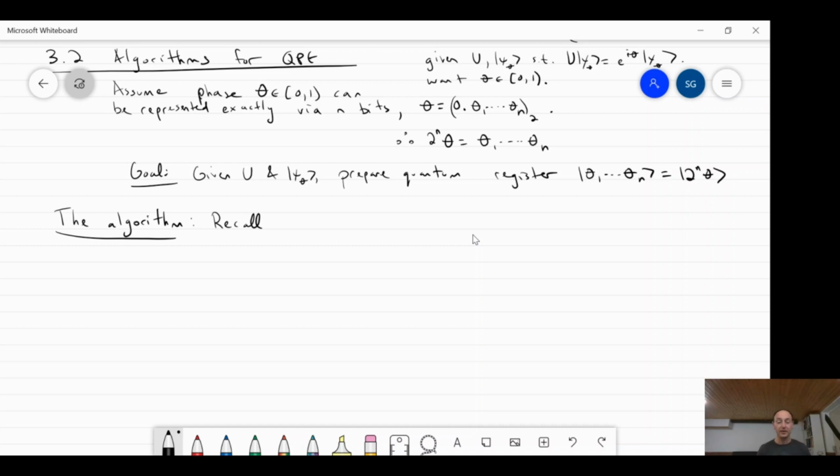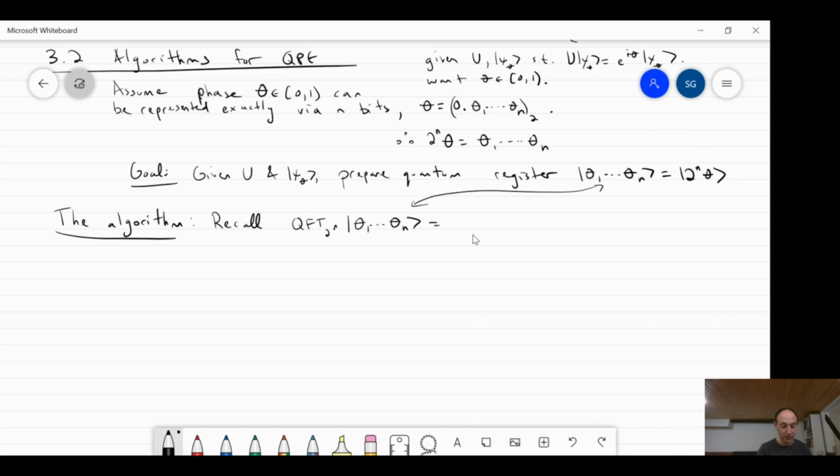So recall that if I take the quantum Fourier transform of theta. Let me be very clear: if I take the quantum Fourier transform of the bit string theta 1 to theta n, before we did this using j's in the previous notes, but now I'm talking about theta, so let me write it with theta.